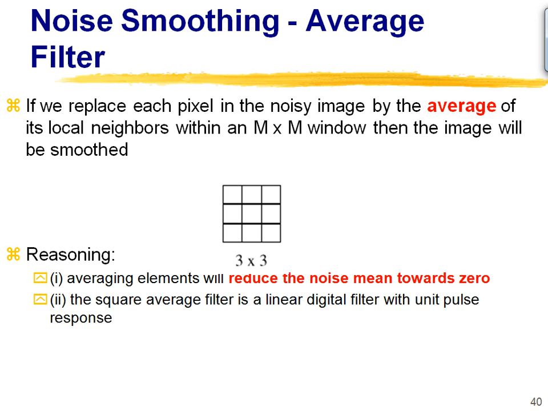If this guy gets narrower, basically what happens? I remove more noise, more high frequencies are lost, right? So of course I reduce more noise, but because more high frequencies are lost, more blurring happens. So that's basically the trade-off we are working with. By increasing the size of the average filter, we are altering the amount of smoothing we are doing in the frequency domain.